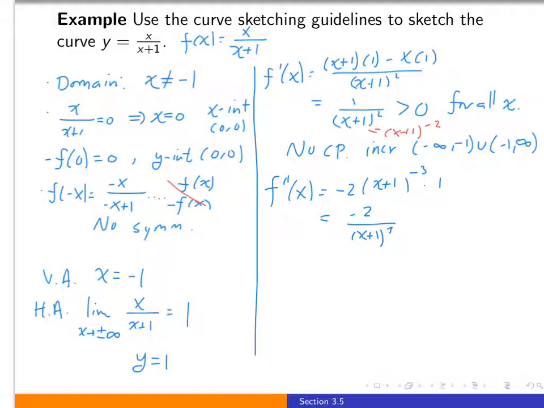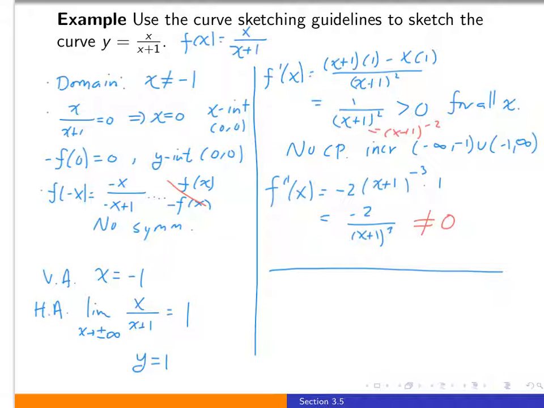So note once again, this is never equal to 0, but that doesn't mean that it wouldn't change sign somewhere. Looking at the bottom, x plus 1 cubed could be positive or negative, whereas before a square was always positive.